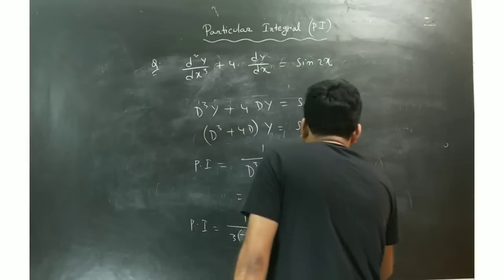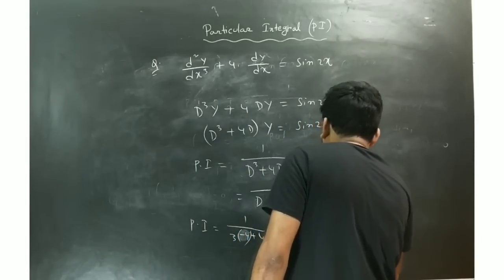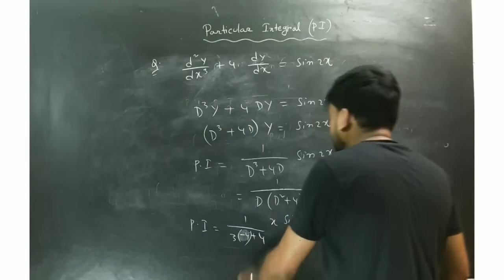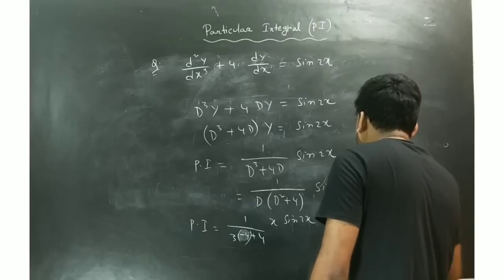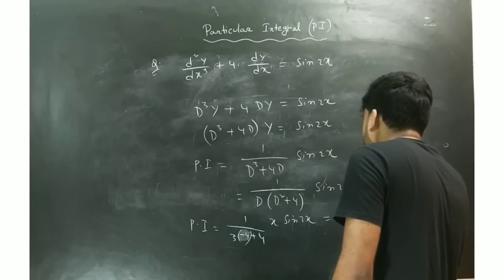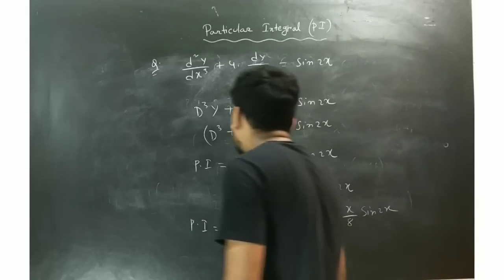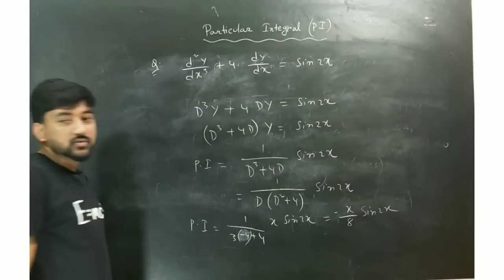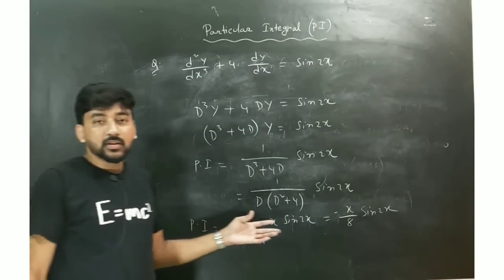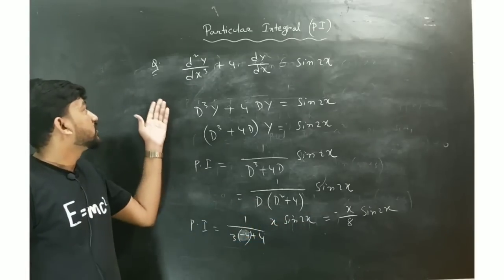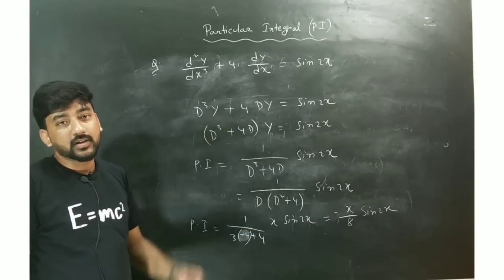So your answer will be minus x by 8 into sin 2x. So this is the answer, and this is how you can solve this kind of problem. In the next class we will discuss more cases for finding the particular integral.